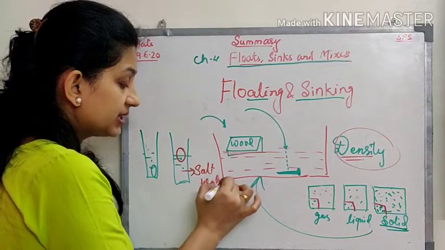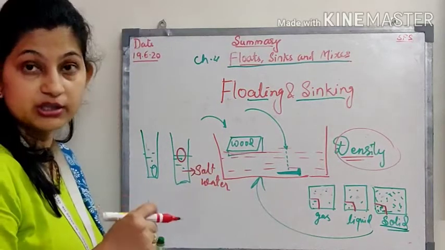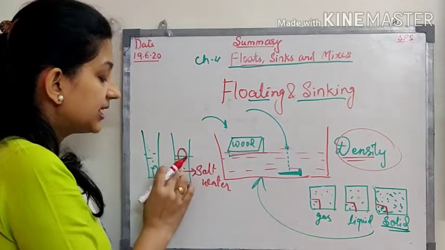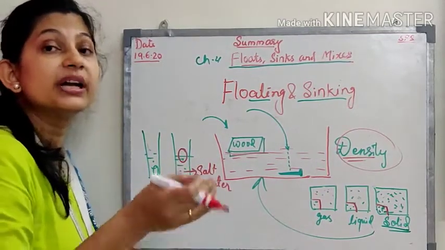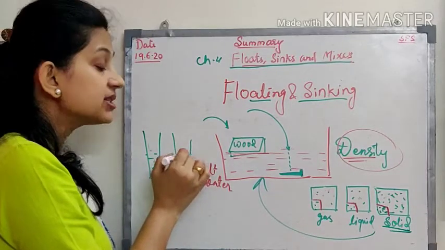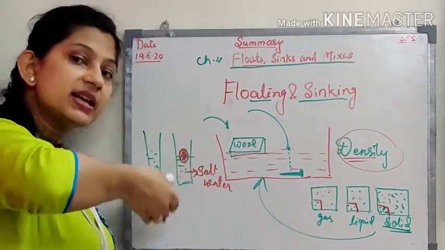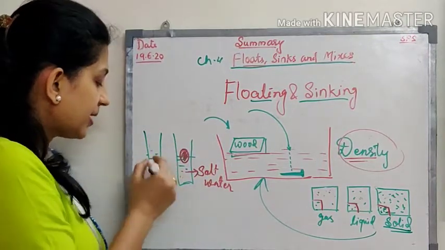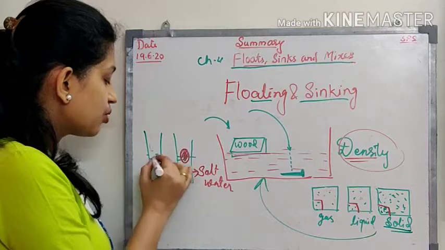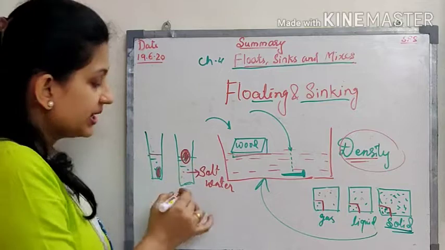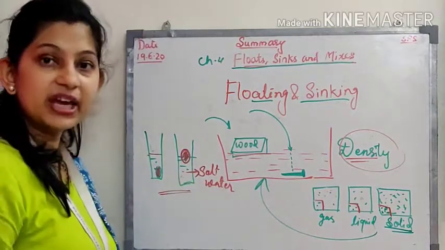By adding salt you are increasing the density of water, so the egg, which is now lighter in comparison, started floating there. In the first case, the egg's density was more compared to normal tap water, so it was sinking down. This was a very important example we have discussed.